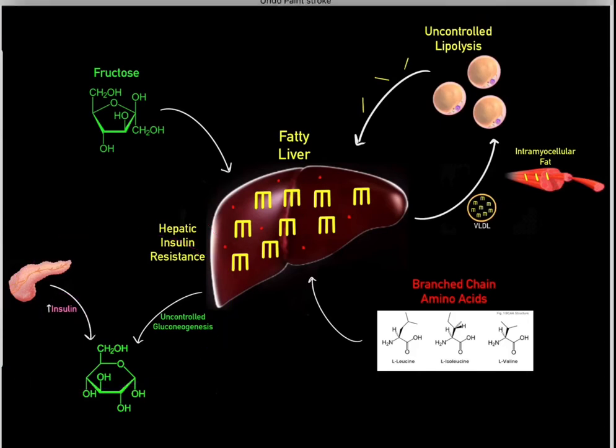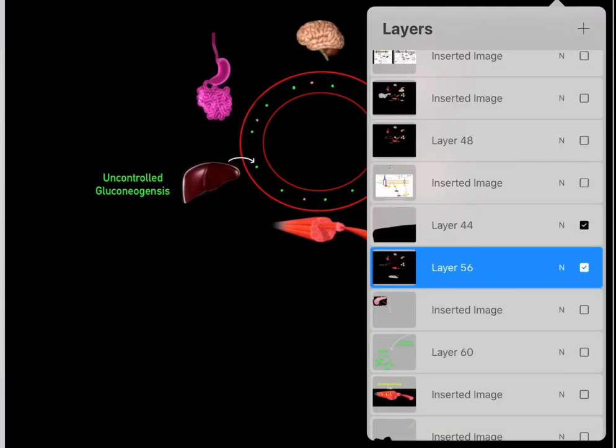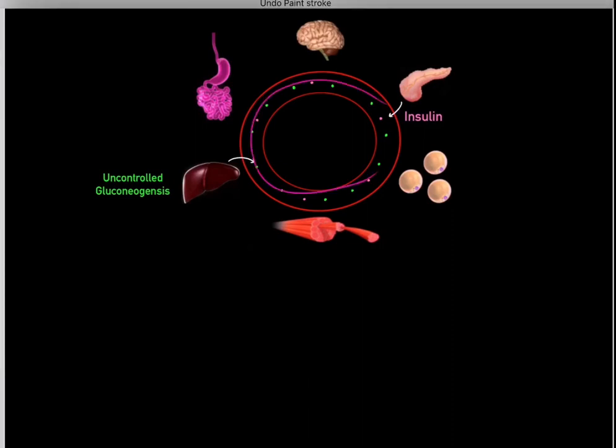So what does this look like? Now the liver is going to go through uncontrolled gluconeogenesis, secreting a lot of glucose into the bloodstream. But fortunately, we have the pancreas to compensate for this excess glucose secretion by secreting excess insulin.